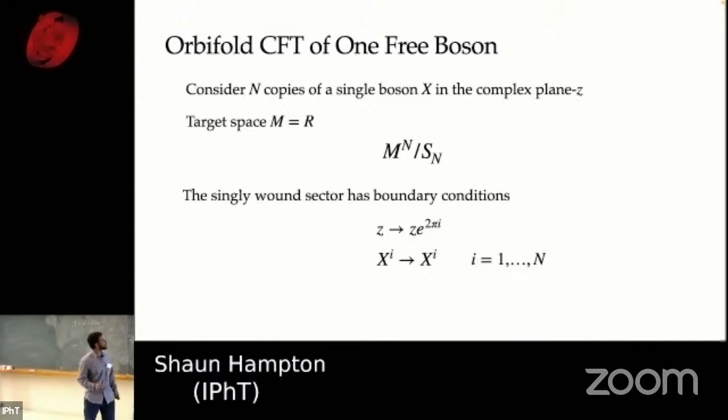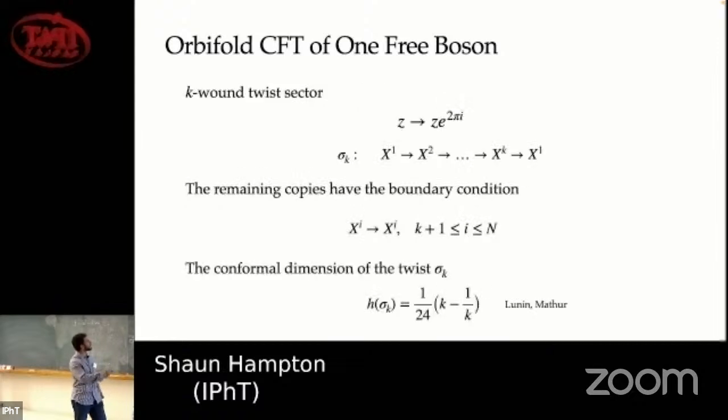Let's see what comes out as a result. I can have something called a singly wound sector, where as you go around 2 pi in the complex plane, the fields just go into themselves. There's nothing special that happens here, and this is considered the singly wound sector. But I could have something called the k wound sector.